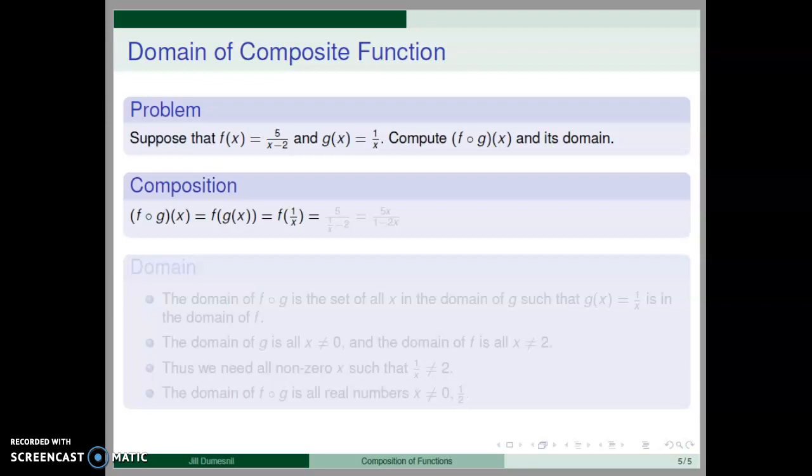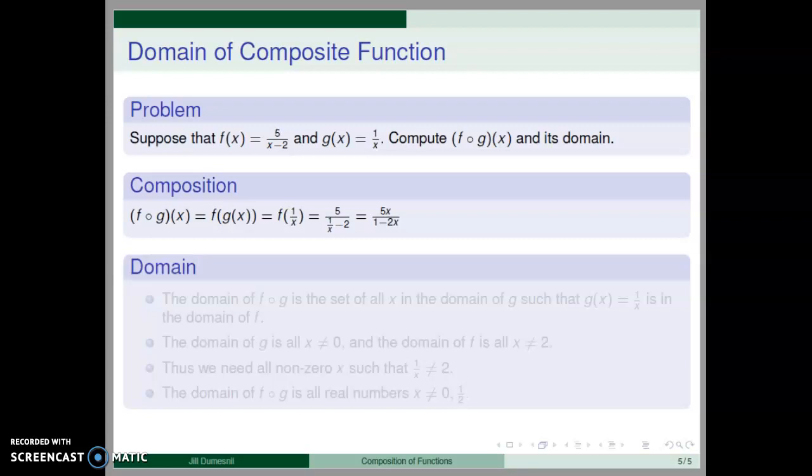When we plug 1/x into the formula for f, we get 5/(1/x − 2). We simplify the complex fraction by multiplying the numerator and denominator by x. This produces 5x/(1 − 2x).